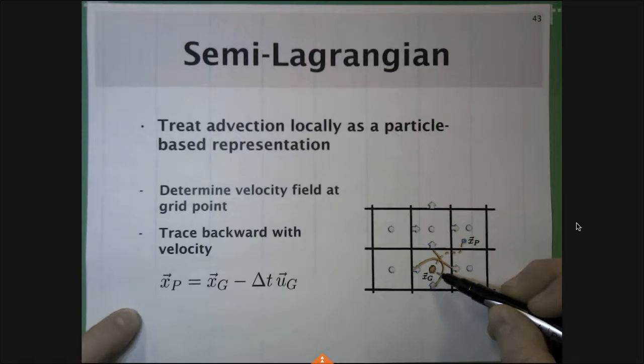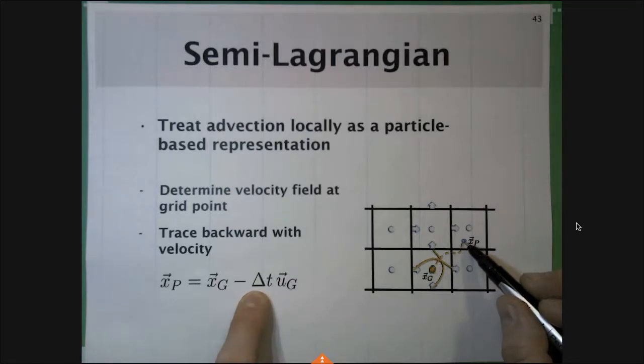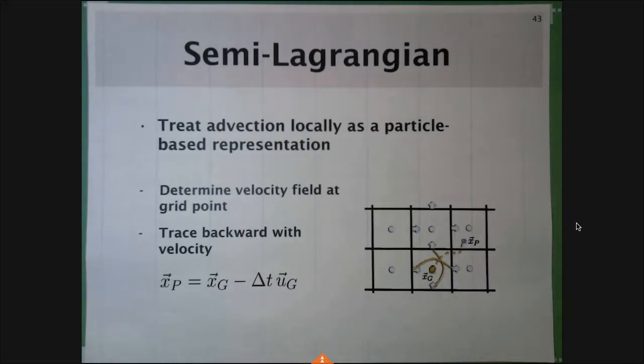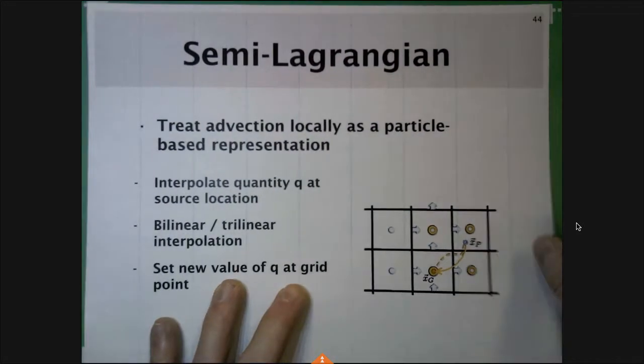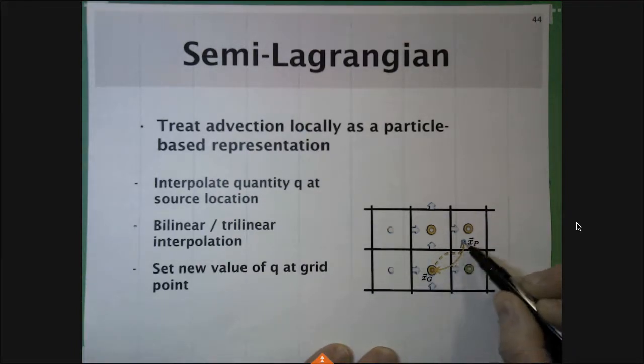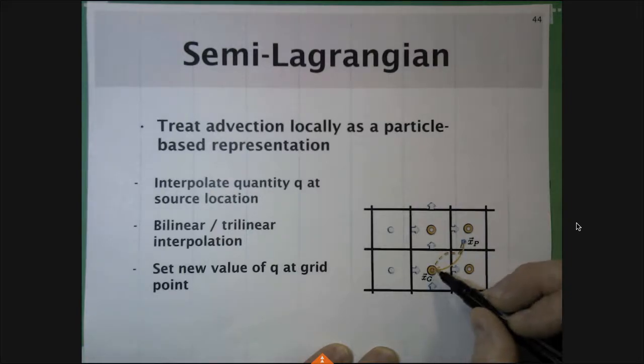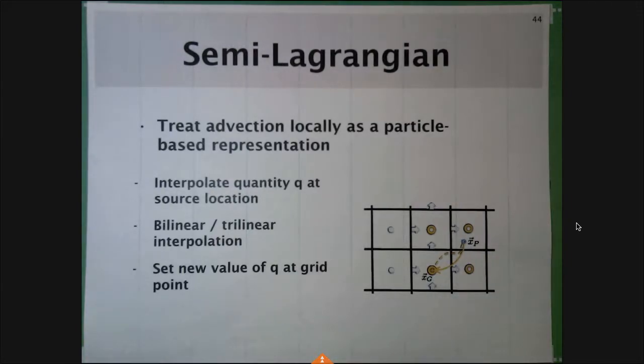We look at the value of velocity here, and we take a step backwards with our time step delta t in the direction of the velocity. We take a look at the value that's there. That's where we need to use interpolation. So we take the step back, and there we interpolate the values from the grid to the point. Then we copy it here. That will be the result of the semi-Lagrangian advection.